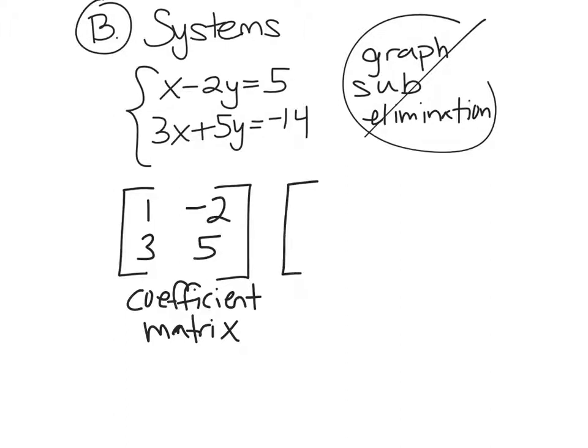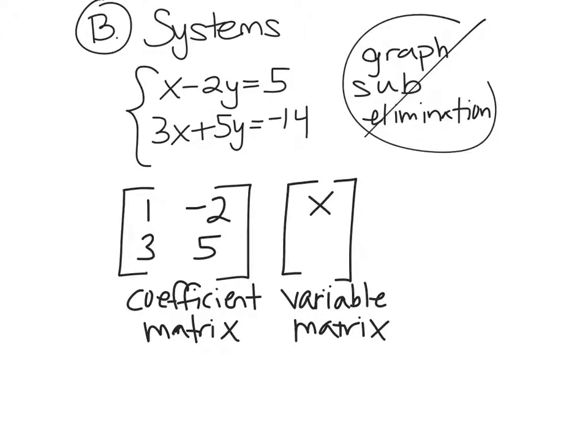Now, the next one is called the variable matrix. So what are our variables in our system? There's two variables, x and y. And if we multiply these together, do this in your head. Go across this row and down this column. What does this equal? 1x minus 2y.